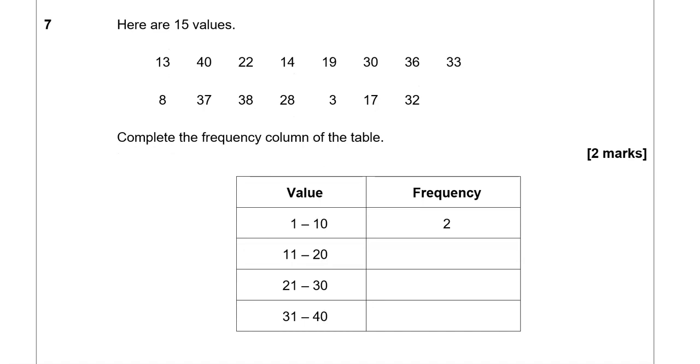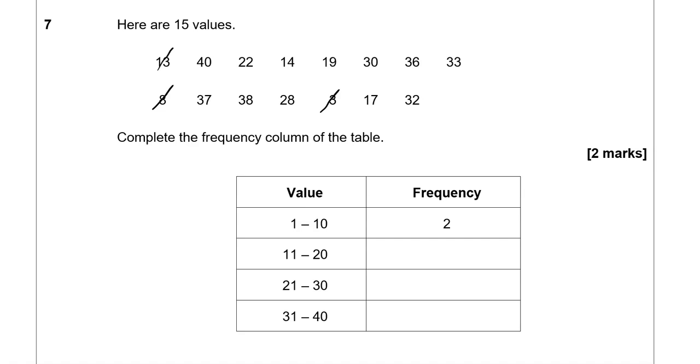Here are 15 values. Complete the frequency column of the table. So if the value is from 1 to 10, the frequency we've got here is 2, because of the 8, because of the 3. Now let's find the values between 11 and 20.